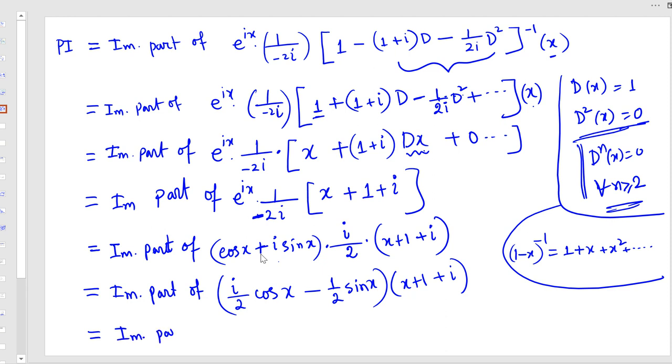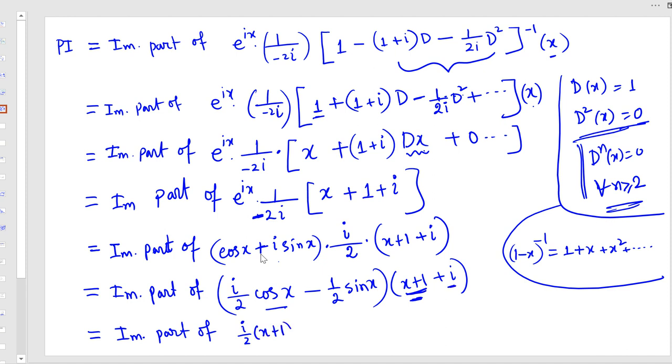Imaginary part of I by 2 into x plus 1. If you multiply this, take this together because this is a real part and this is imaginary part.